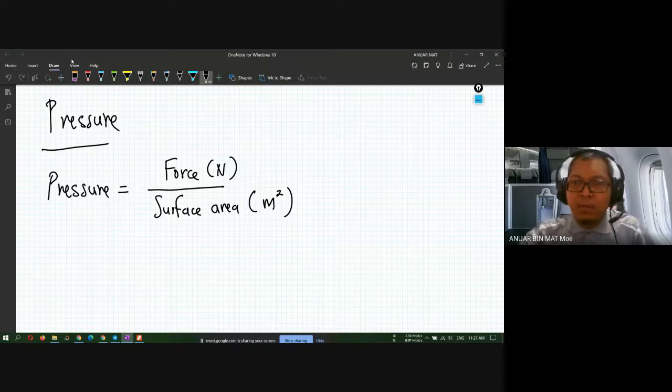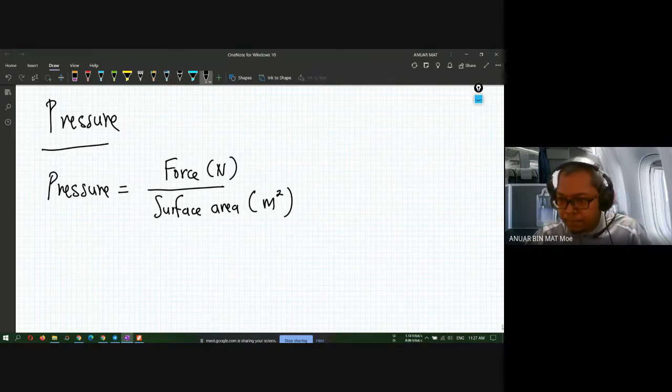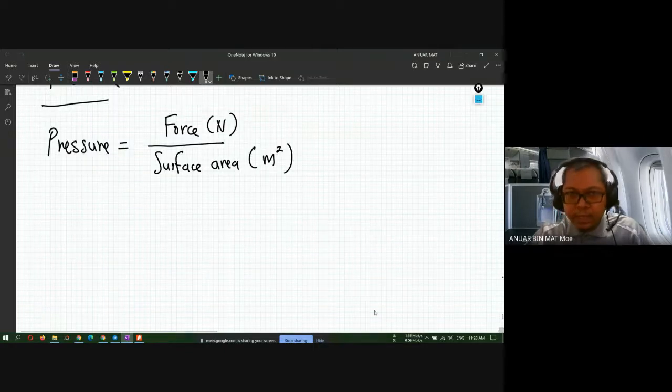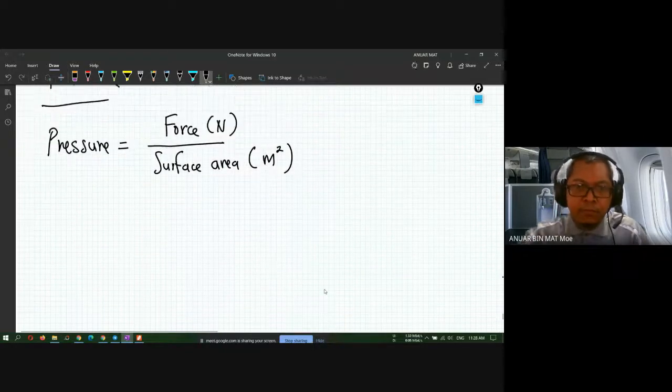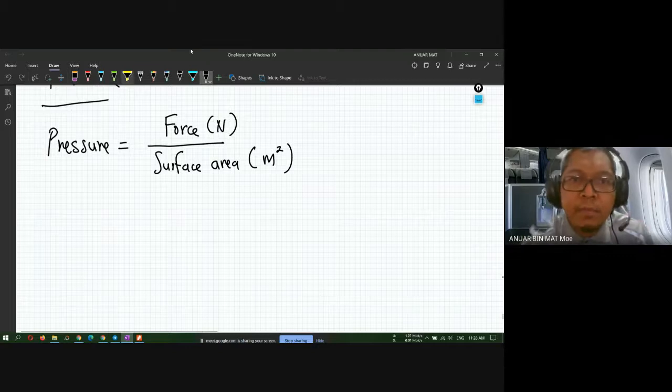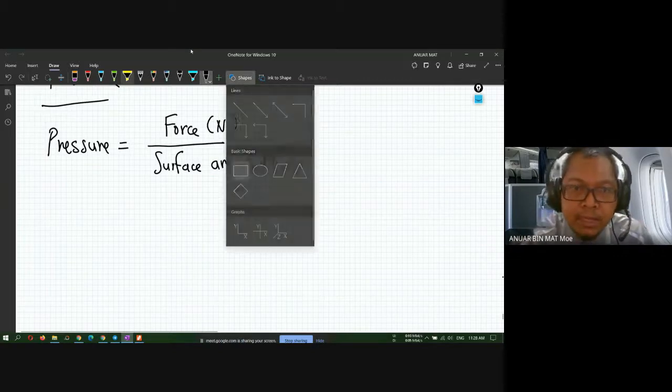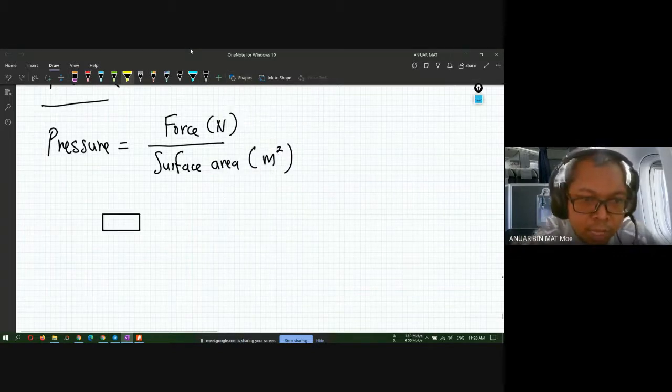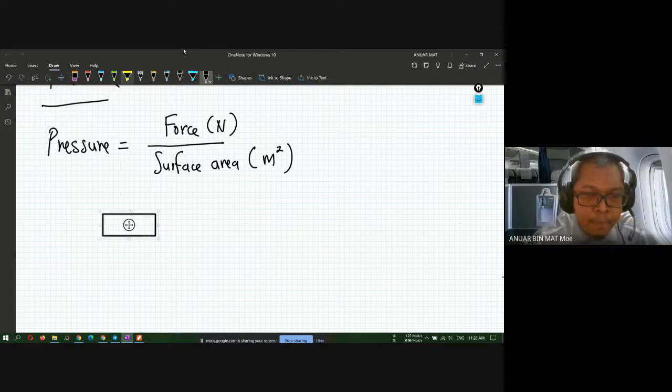So for example, we take the same amount of object. For example, I have here a small same shape, same amount of object right here. How to enlarge this?